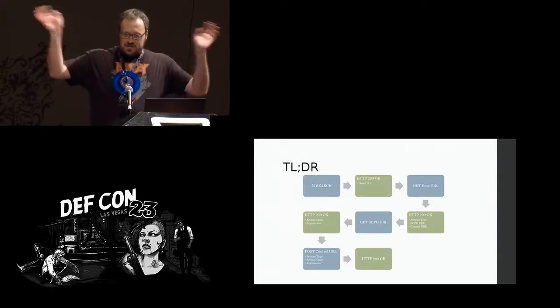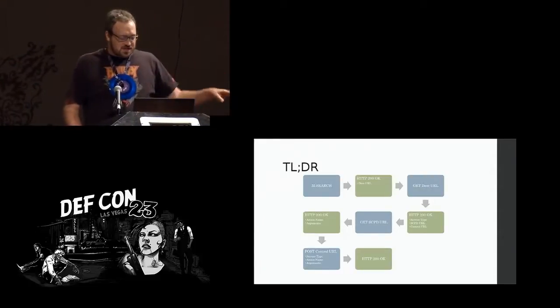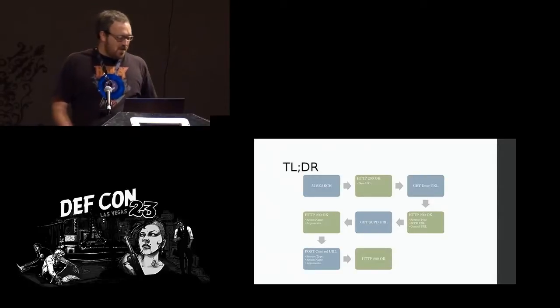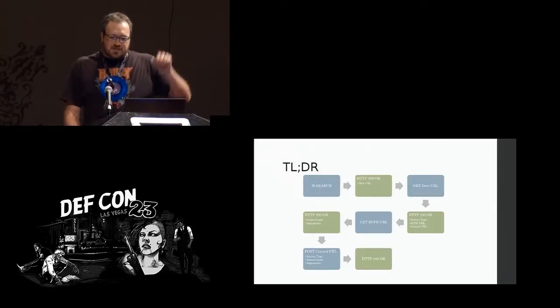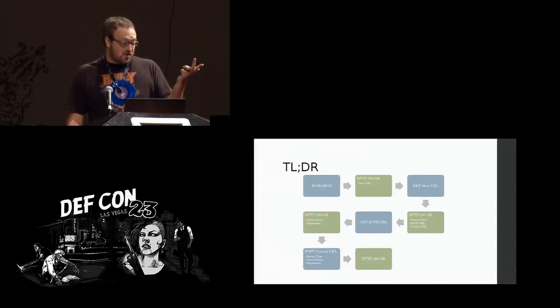Okay, everybody can start paying attention again now. This is the TLDR UPnP to SOAP flowchart. You start out by sending out your M-SEARCH request. You get back a 200 OK that has the description URL. You get the description URL. You get a 200 OK that has the service type, SCPD URL, and control URL.